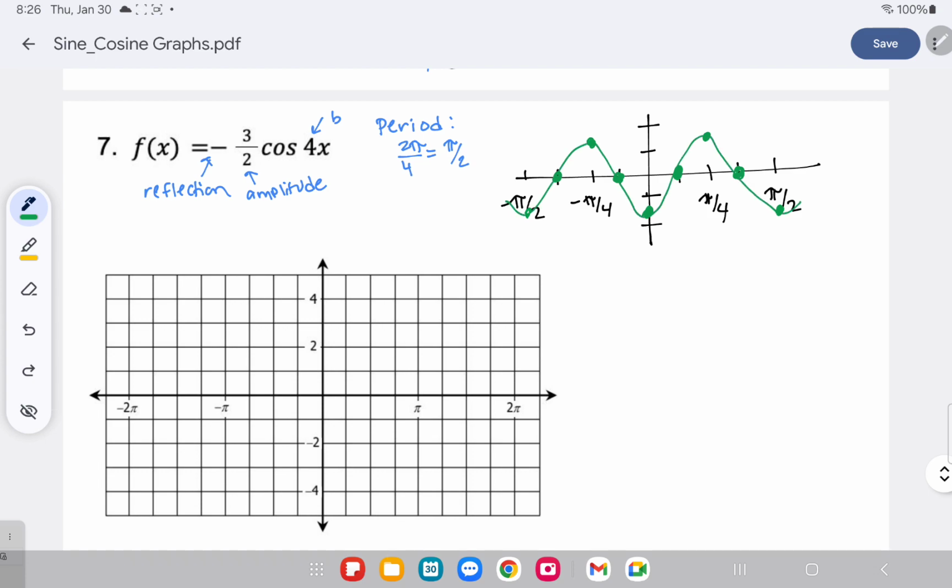Okay, and so when I transfer that to the graph that was given, I can see my x-intercepts are at pi over 8, which isn't on this graph. This graph is going up by pi over 4, so pi over 8 would be right here. And my second one is between pi over 4 and pi over 2. So let's see, we've got pi over 2 here.